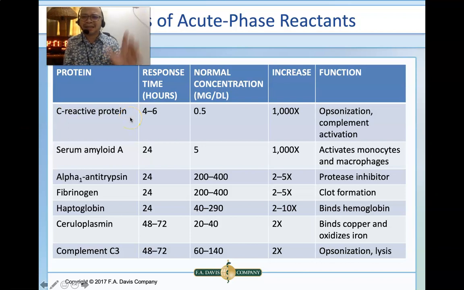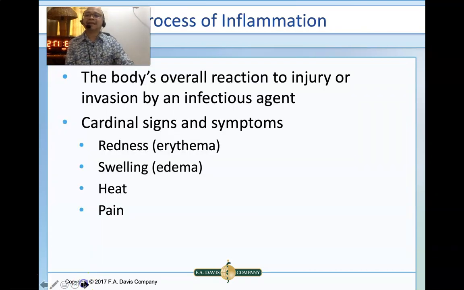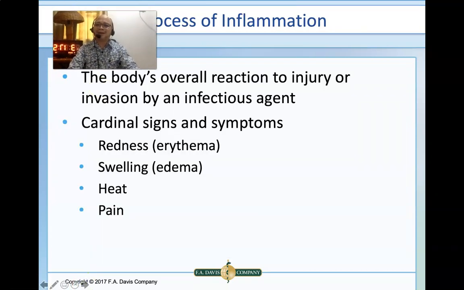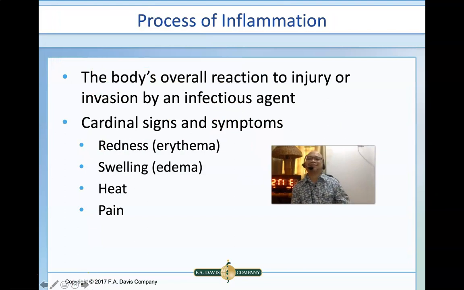Speaking of complement, we will have a separate discussion on complement later. Okay, so let's talk about the process of inflammation. Inflammation is our body's reaction whenever we are injured or whenever there is an infectious agent invading our body.